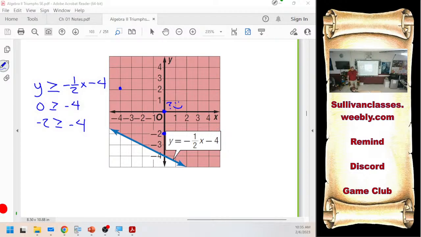What if it doesn't? What if I pick the point (0, 0), but now what if it looks like this? I plug in 0 and I say 0 is less than or equal to -4. Is being flat broke worse than owing people money?